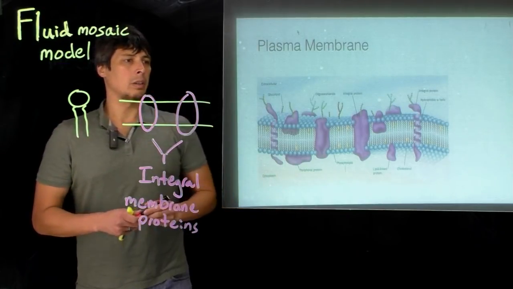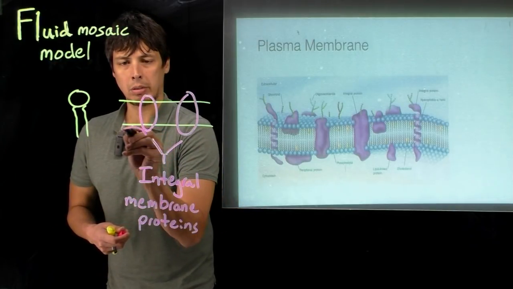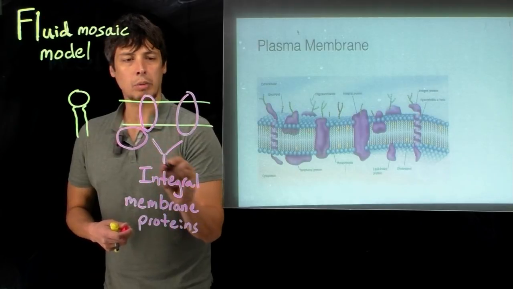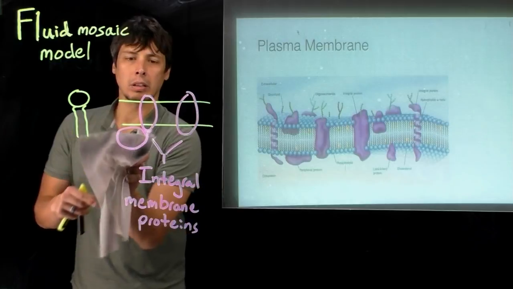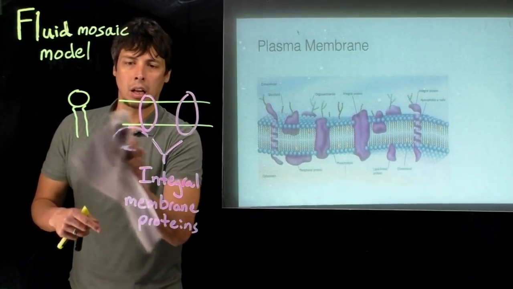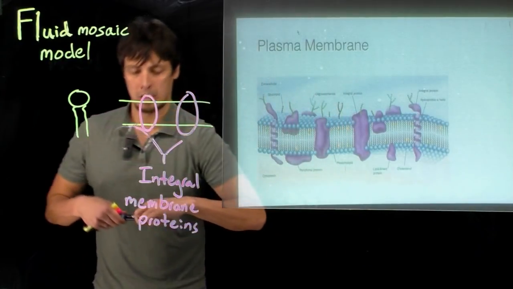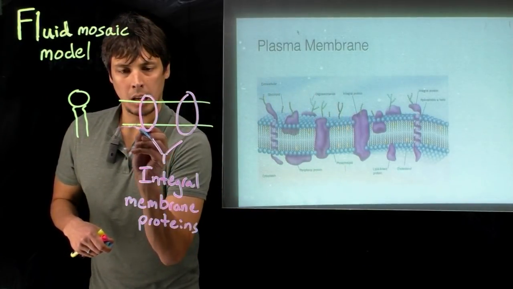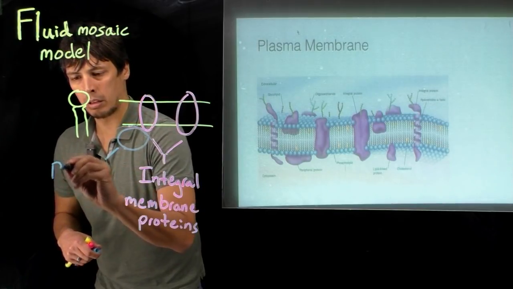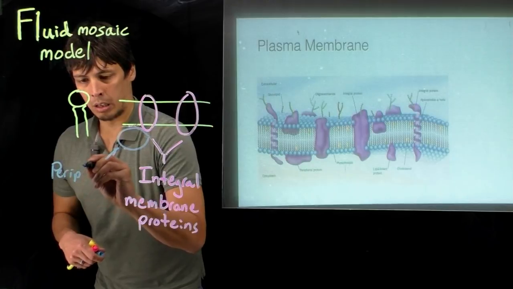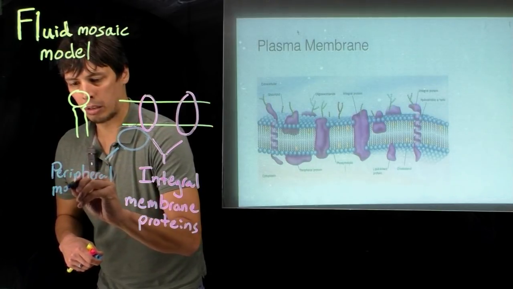And then there are other proteins that might just be associated to the membrane, or maybe even to other membrane proteins. Let's make that a different color. That's more clear. These are called peripheral membrane proteins.